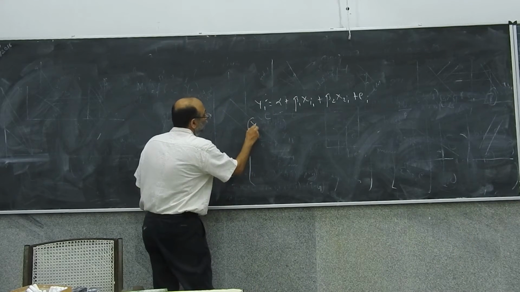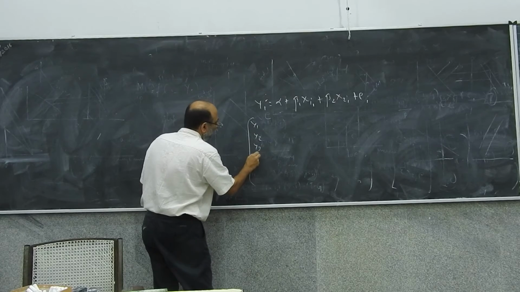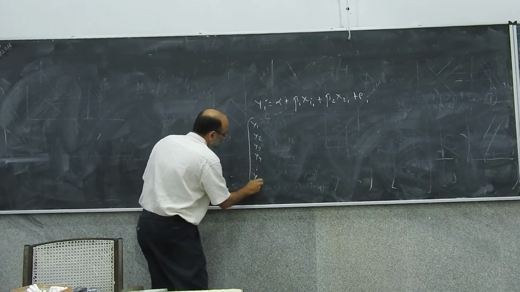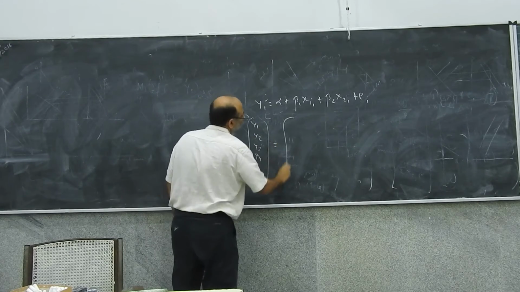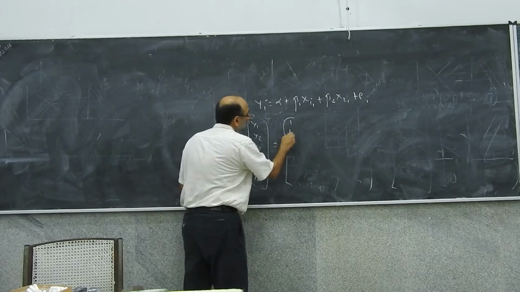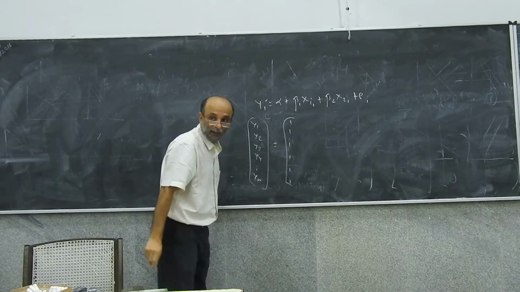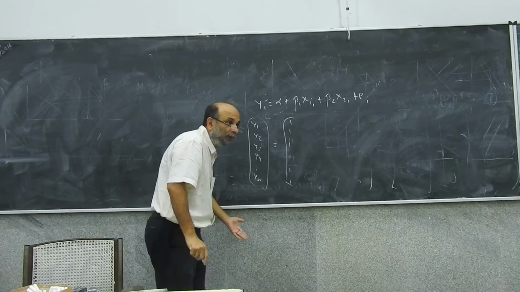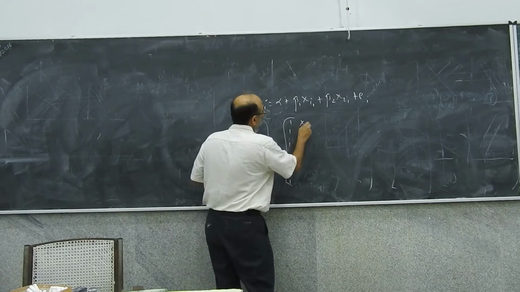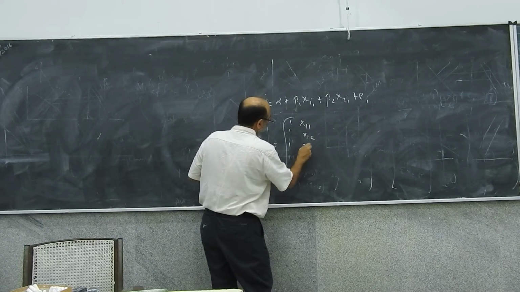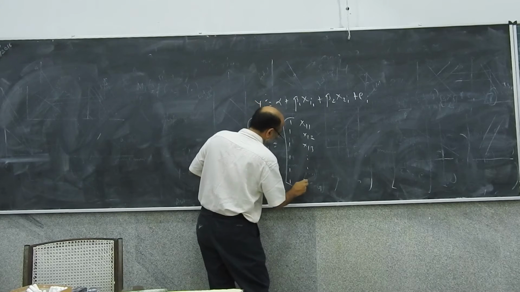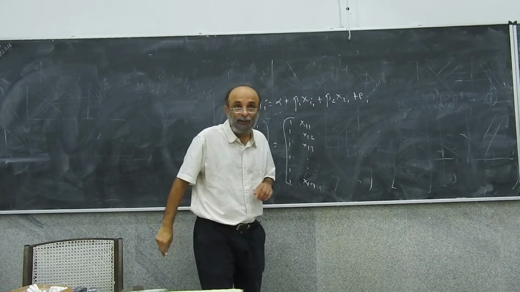You will say y1, y2, y3, y4, up to yn. Then you write 1, 1, 1, 1, 1, n times. The first column will be all 1s. The second will be x11, x12, x13, up to x1n.